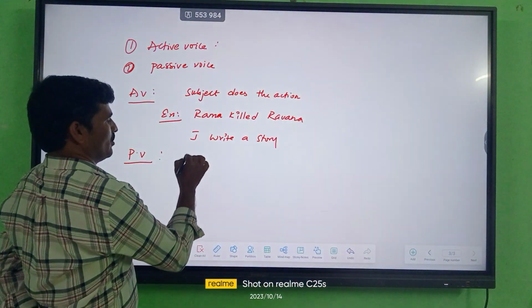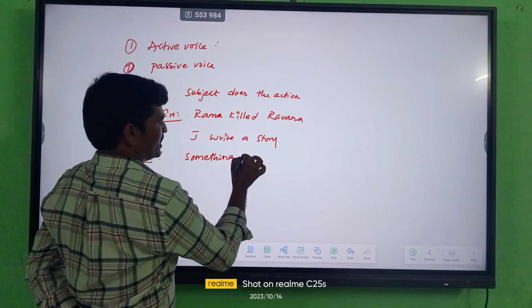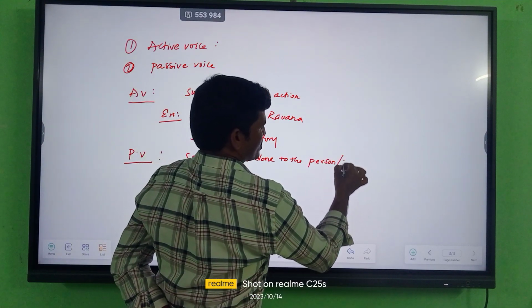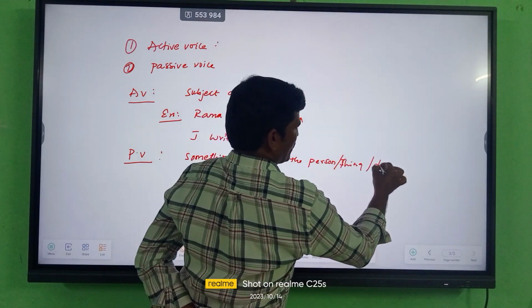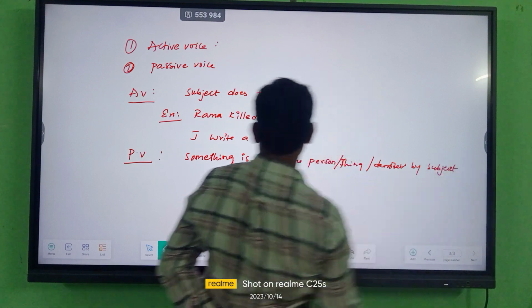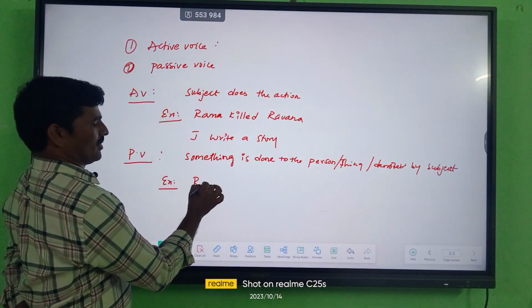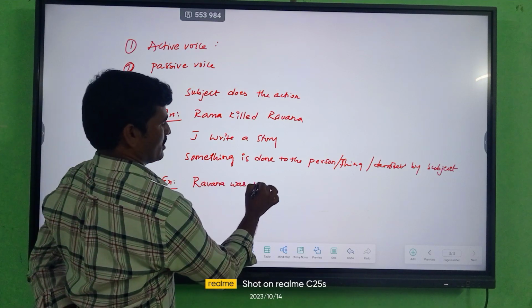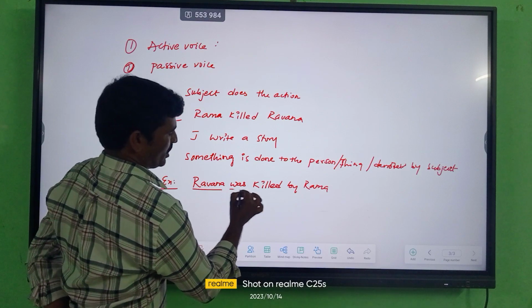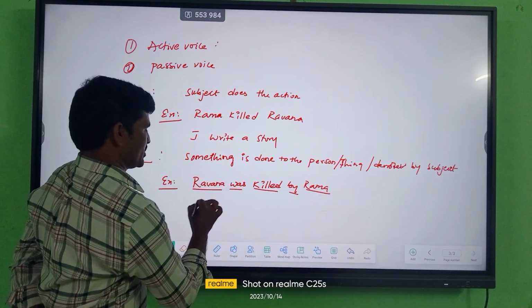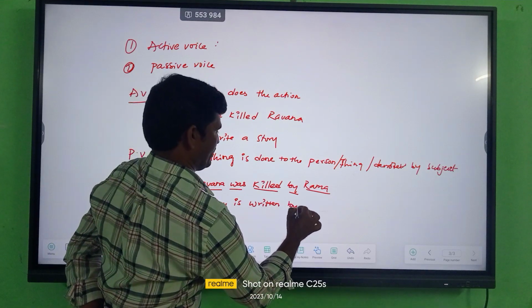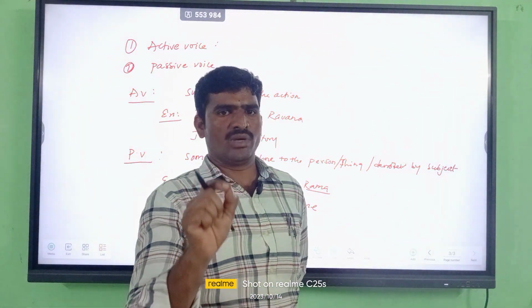Example: Ravana was killed by Rama. A story is written by me. These are the two definitions of active voice and passive voice.